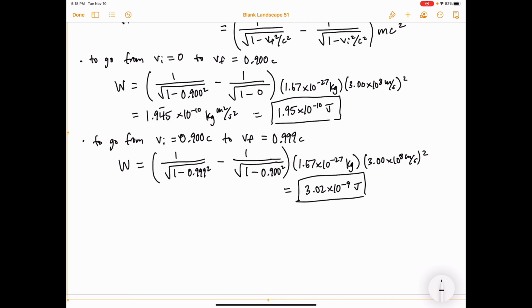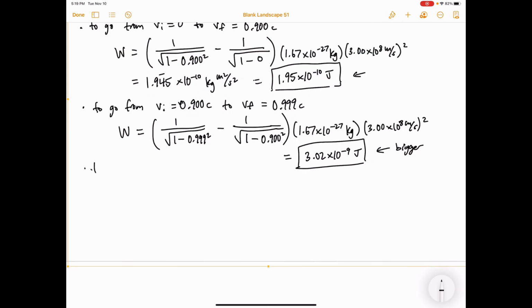So notice something that's happening here. This is a bigger amount of energy than this. So it takes more energy just to get that extra 10% or so of speed compared to the first 90%. So as we start to approach the speed of light, it gets harder and harder to accelerate this thing.